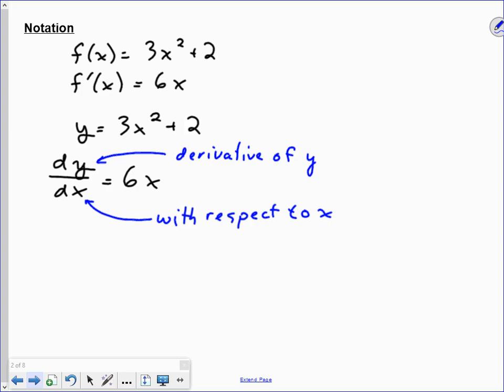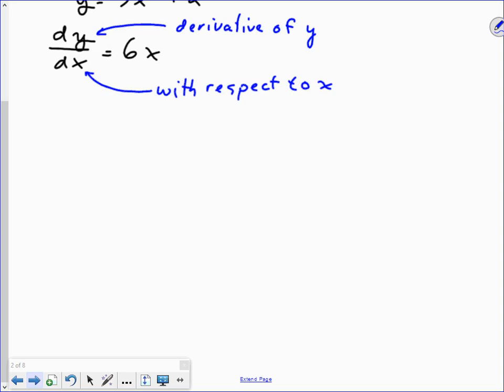But as we move on to some other applications, we might look at functions that have more than one variable in them. So for instance, let's say we were looking at a function like this. This would be an expression for volume of a cylinder, right? Volume is pi r squared h. And we wanted to take the derivative of this. We've got two potential variables in here, r or h.